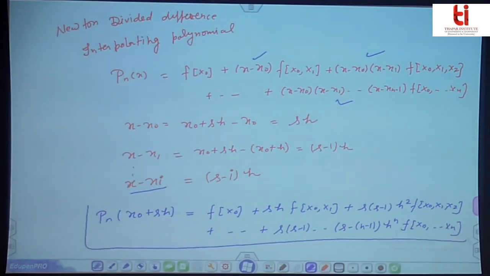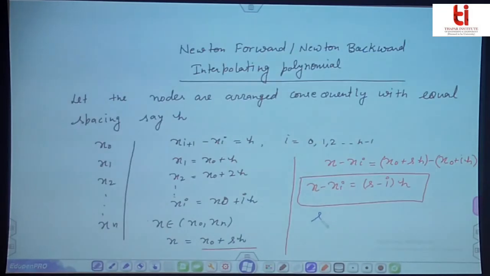This is the Newton divided difference formula for equally spaced points. What is s? s is (x minus x0) upon h, where x is any point inside the interval x0 to xn, different from the xi.